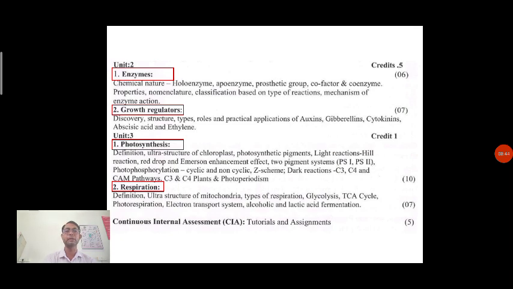Along with the tutorials and assignments we are going to take a periodical test. The test will also help you to cover this portion. This continuous internal assessment also carries marks, and everybody is required to cover this portion seriously. So this is the overall picture of the syllabus.